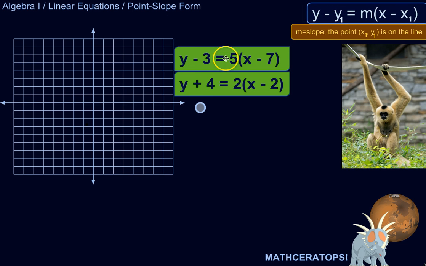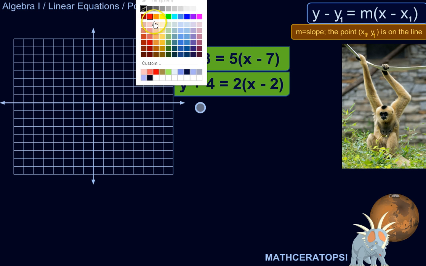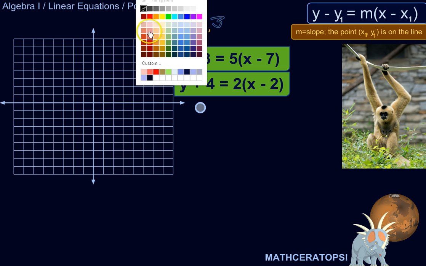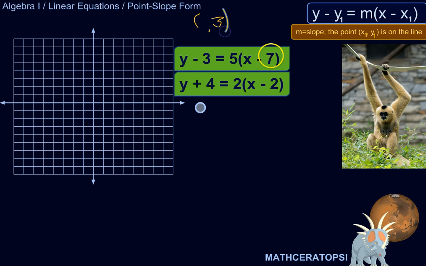So, for example, if I've got this equation here in point slope form, what do I know? I know that 3 is the y coordinate of one of the points on the line, because y minus y1, that's a y coordinate of a point on the line.